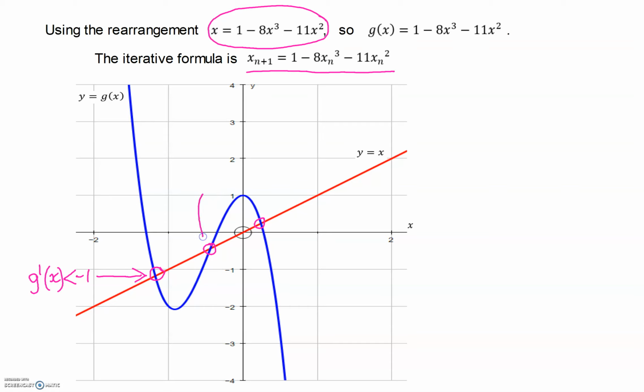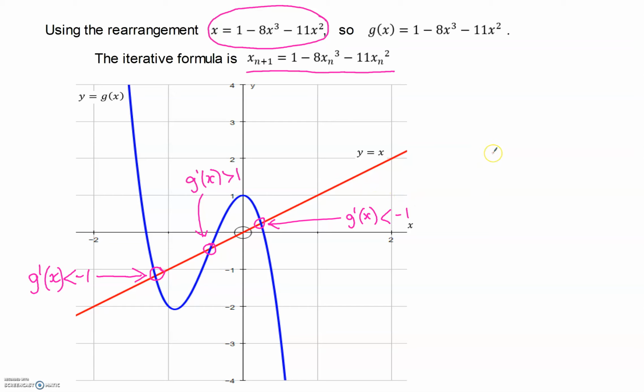At the central root, we have that g dashed of x is going to be greater than 1 because it is cutting up over the y equals x line. And at the third root, we have got that g dashed of x is less than -1. So actually, this particular rearrangement doesn't find any of the roots. It wouldn't find any of the roots.